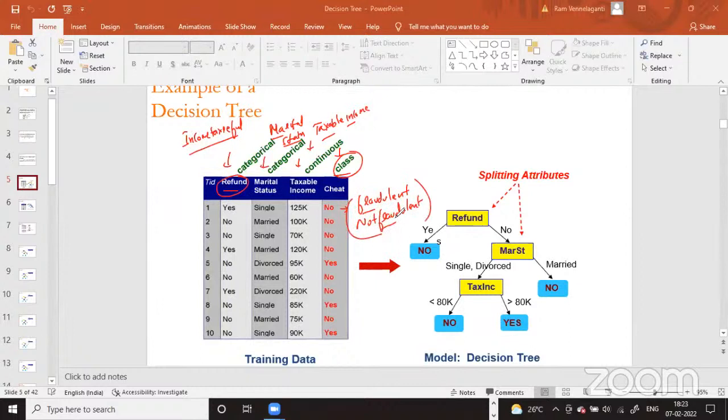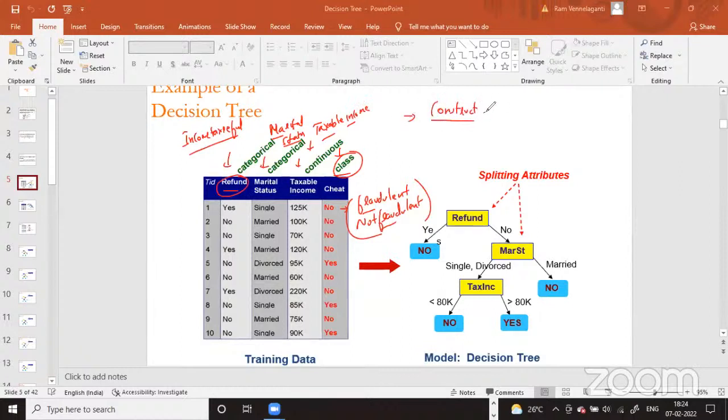So using all our independent variables, income tax refund, marital status, and taxable income, we should be in a position to find out whether our observation is a fraudulent observation or not. That is the idea. So now construct your decision tree.